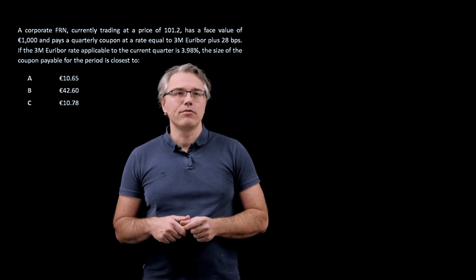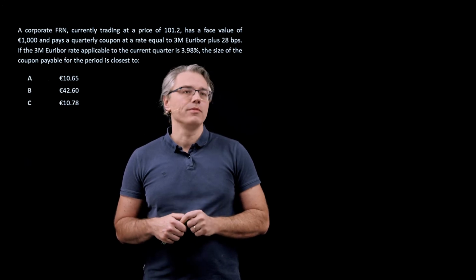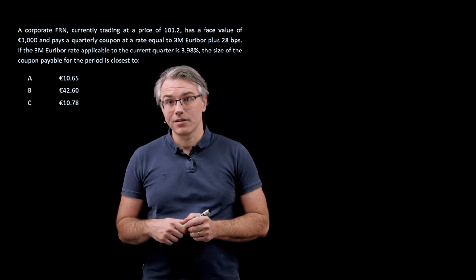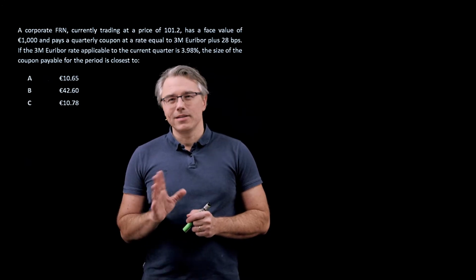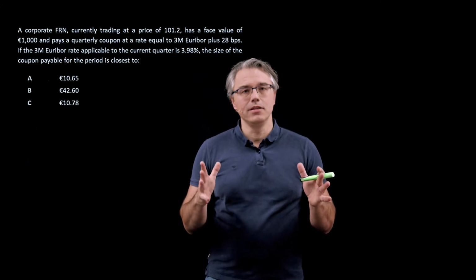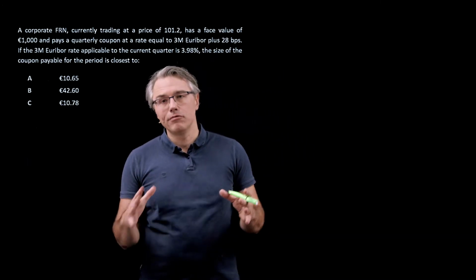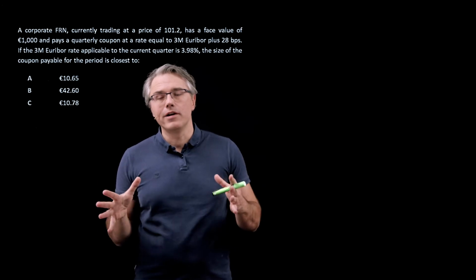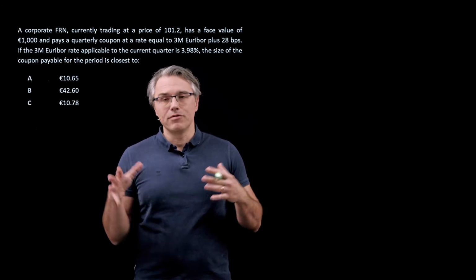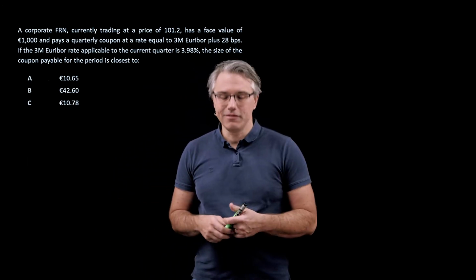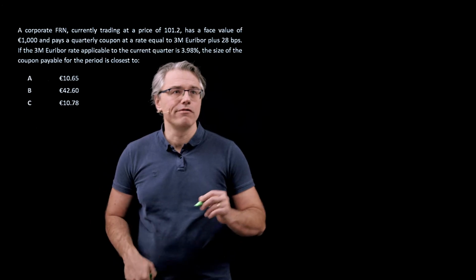If the 3-month Euribor rate applicable to the current quarter is 3.98%, the size of the coupon payable for the period is closest to. Right, this isn't difficult, but once again, you have to bear in mind the fact that we have to scale things down to a quarter, whereas everything provided like Euribor, even though it says 3-month Euribor, it's actually an annualized rate. Get used to the fact that in finance we annualize pretty much everything.